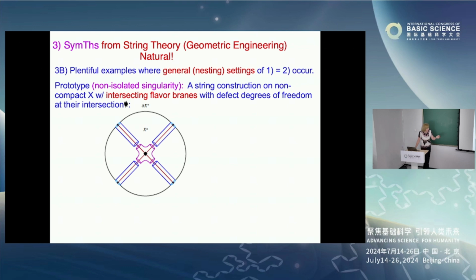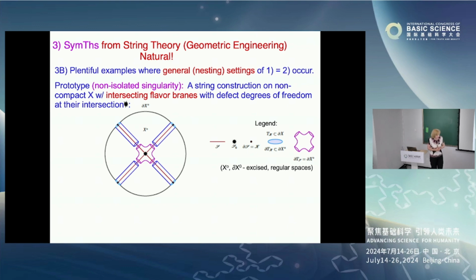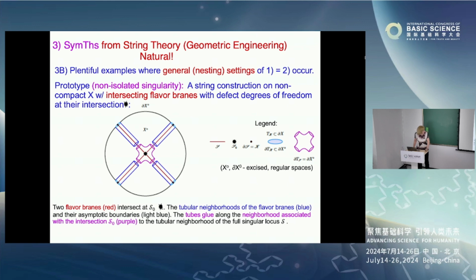Typically in type IIA, this is the famous massless fermion. So we can use these tubular excisions to interpret this configuration back in constructing the resulting symmetry theories. So let me go to that.